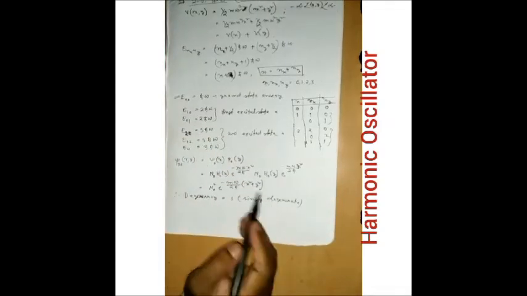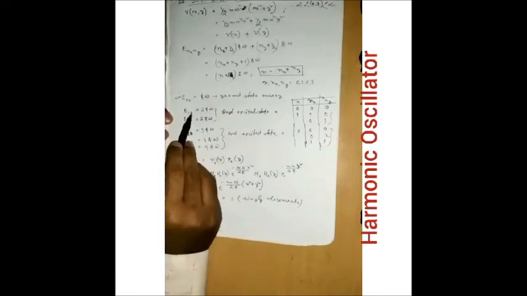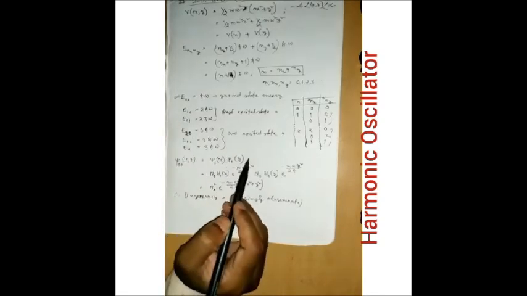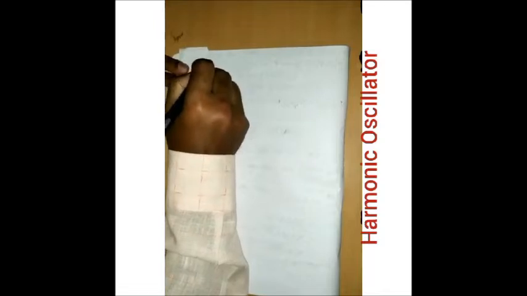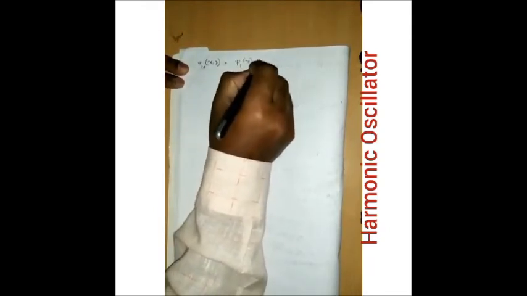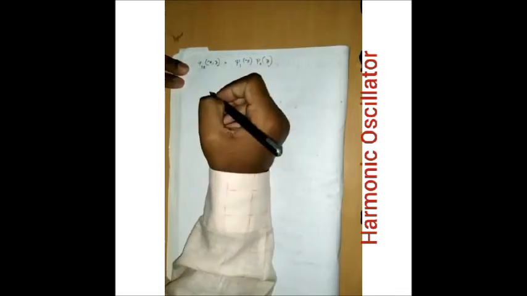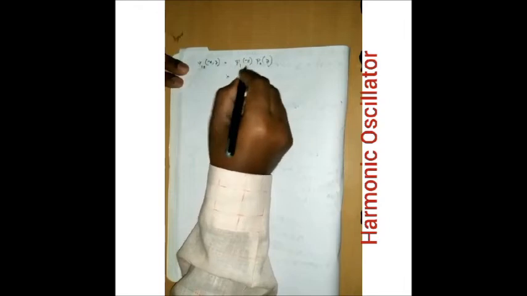Now we'll try to find the degeneracy for the first excited state. For the first excited state, the combinations are E10 and E01. For the 10 combination, it will be psi 10, a function of x and y. If I split it, psi 1 of x and psi 0 of y. So what will be the value of psi 1 of x?